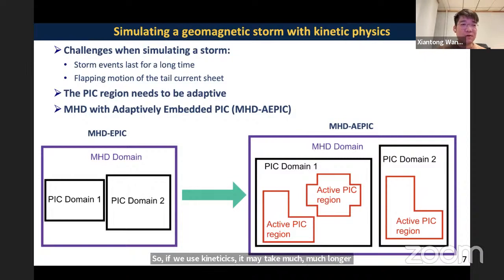Also, the flapping motion of the tail current sheet usually happens during a magnetic storm. So we may need a large enough PIC box to cover all the regions of interest, and maybe most of the PIC box is not simulating kinetic physics because the tail current sheet keeps moving. So we think that the PIC region needs to be adaptive.